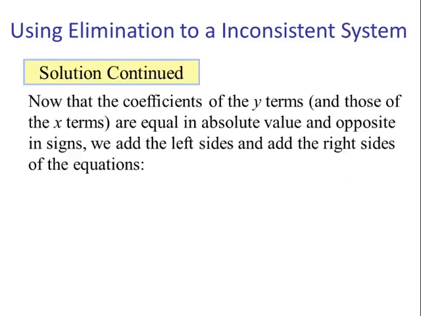Now that the coefficients of the y terms and those of the x terms are equal in absolute value and opposite in sign, we add the left sides and the right sides of the equations.